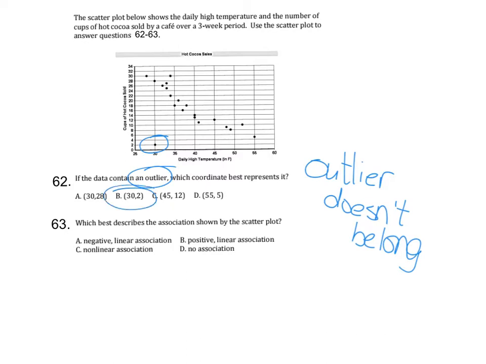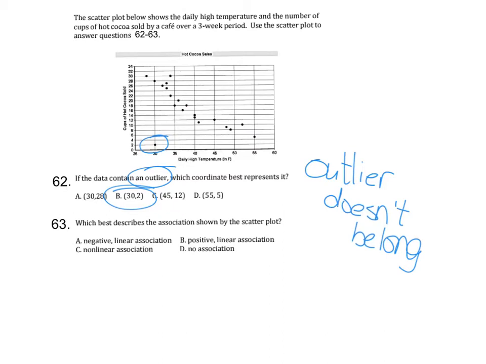Now, the next question says, which best describes the association? So we're looking for a positive association, a negative association, no association. Notice that we could sort of draw a line through these that would cut it in half, right? So they've got sort of a linear shape.